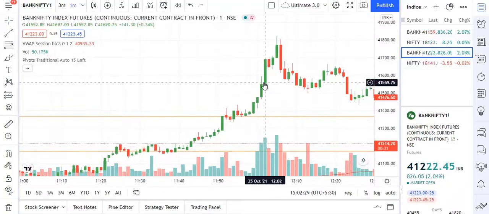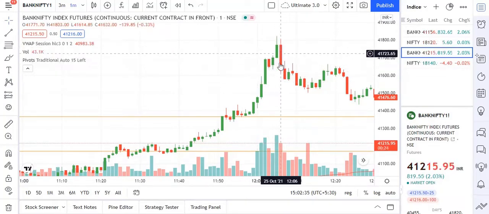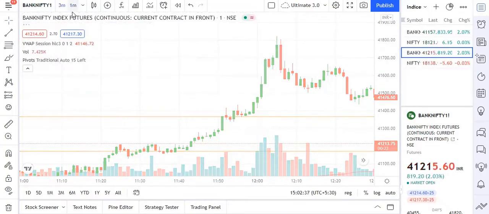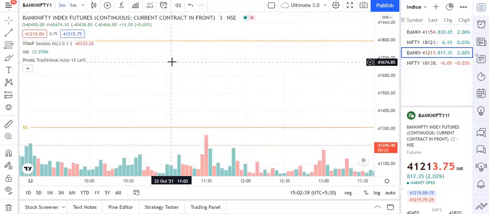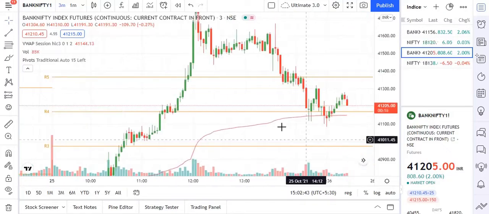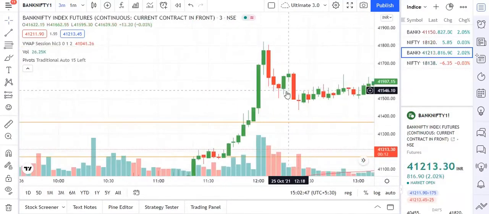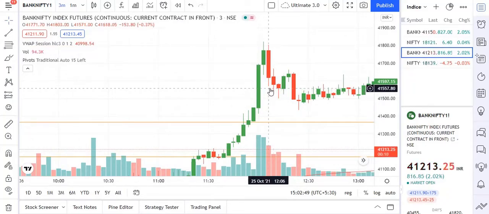The PCR went to 1.7, which meant that extreme bearishness might soon kick in, and that was confirmed by this candle. I also looked at the 3 minute candle because a 1 minute candle never gives you confirmation. To get confirmation, you always have to switch to a 3 minute or 5 minute chart, and a similar kind of pattern was seen on the 3 minute chart as well.